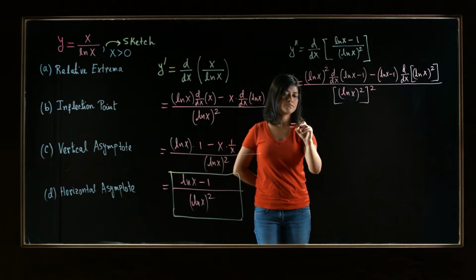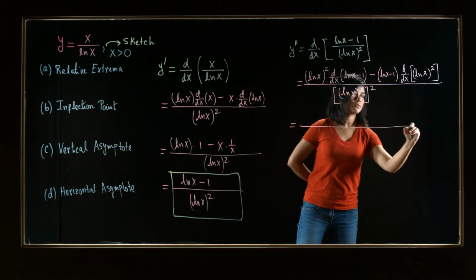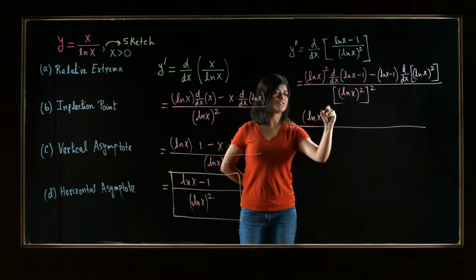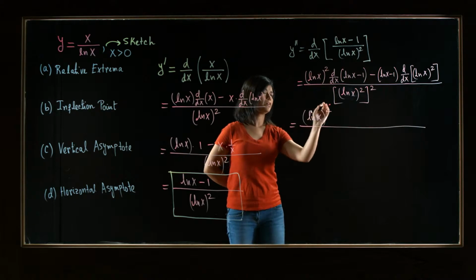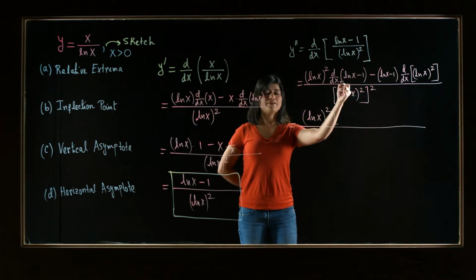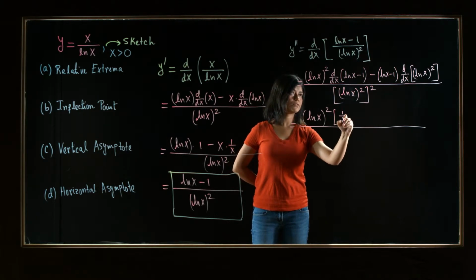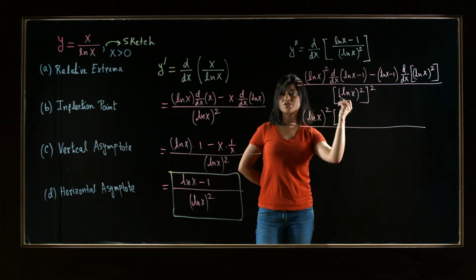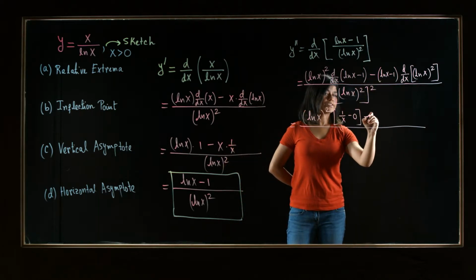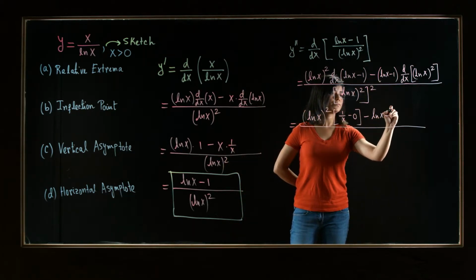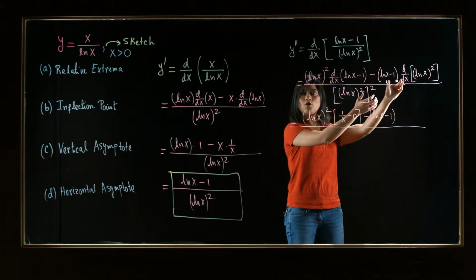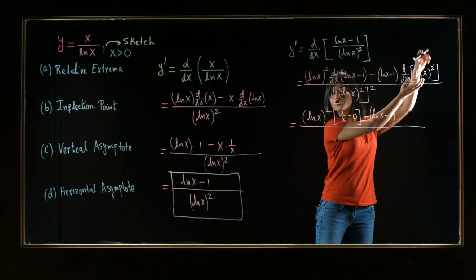For the first expression, we have ln of x squared, and then take the derivative. What is d dx of ln of x? Just 1 over x. And d dx of 1, a constant, is just 0. For the second derivative, this one is of the form a function squared.